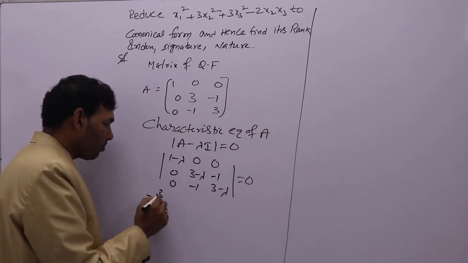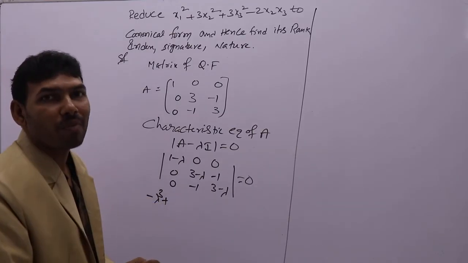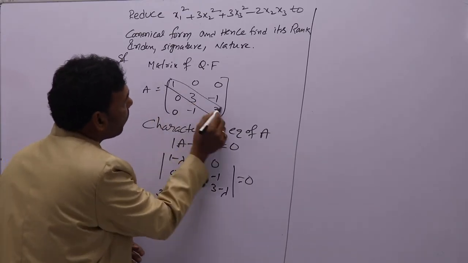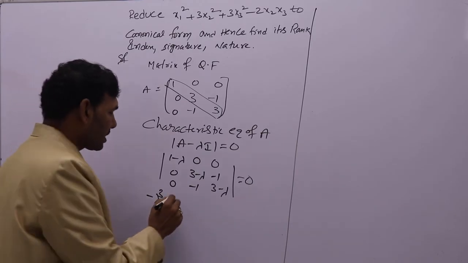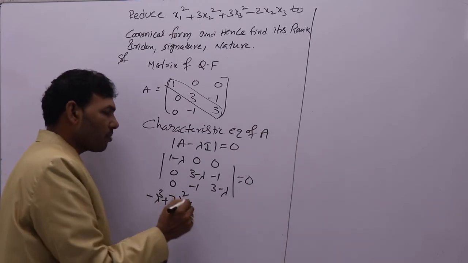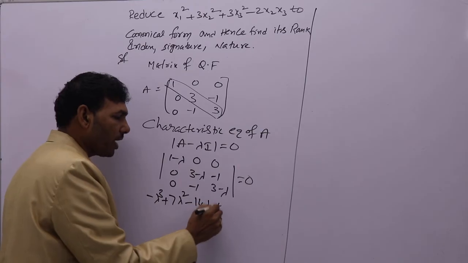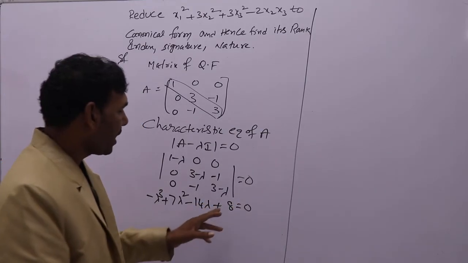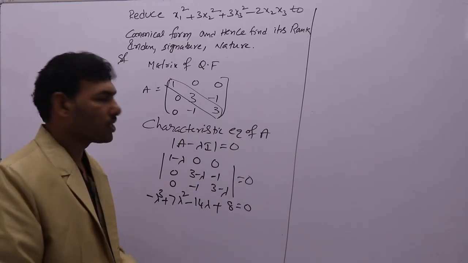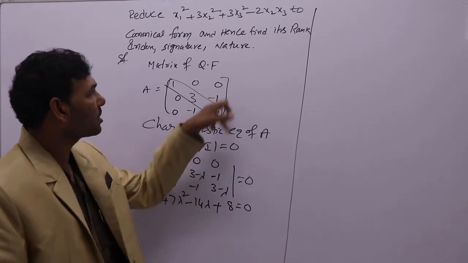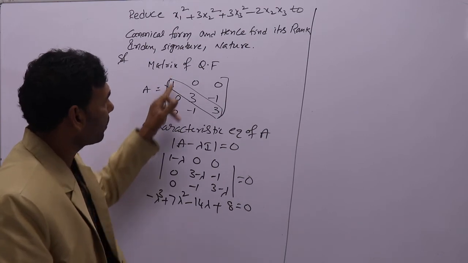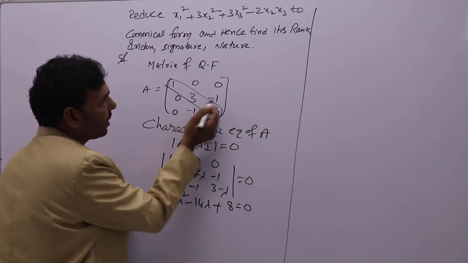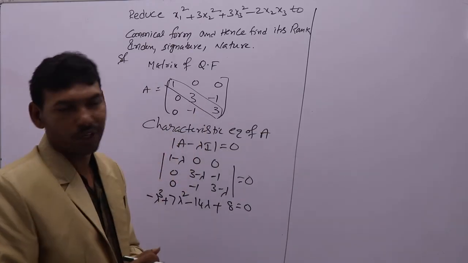Minus lambda cube plus sum of diagonal elements, add these 3: 1 plus 3 plus 3, 7 lambda square. Sum of cofactors you will get 14. Det A is 8. I said how to calculate sum of cofactors and det A using calculator, and sum of cofactors also you can take one element, one cofactor, delete the corresponding row and column, 3 3s are 9, minus 1, like that for 3 elements you need to do.